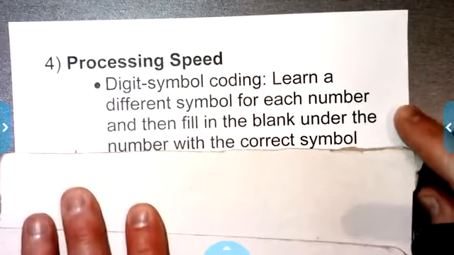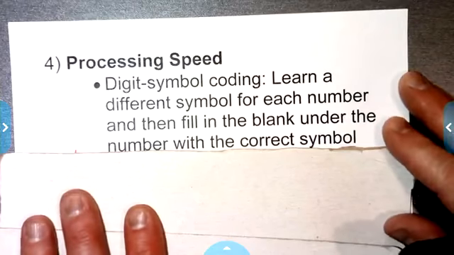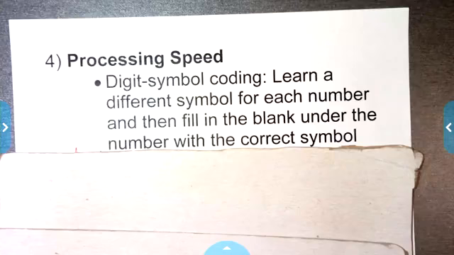The WAIS has a processing speed scale. There's a digit coding task. You learn a different symbol for each number, and then you fill in the blank under the number with the correct symbol. This is like a decoding task. I'm going to give you a sequence of nonsense symbols, and then I give you a code.